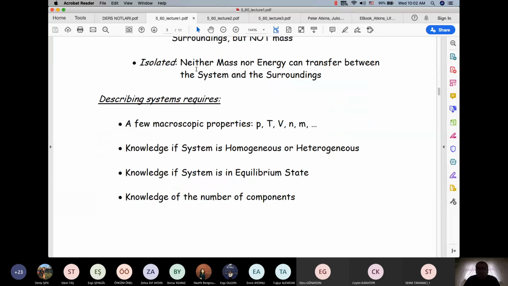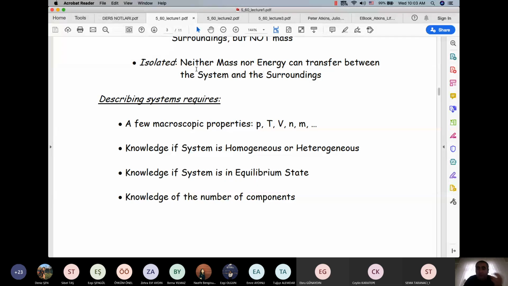Okay, for describing a system, in thermodynamics, if something is in its stationary point, you have to define the system by knowing some parameters, okay? A few parameters. One of them is the macroscopic properties like pressure, temperature, volume, and number of moles.